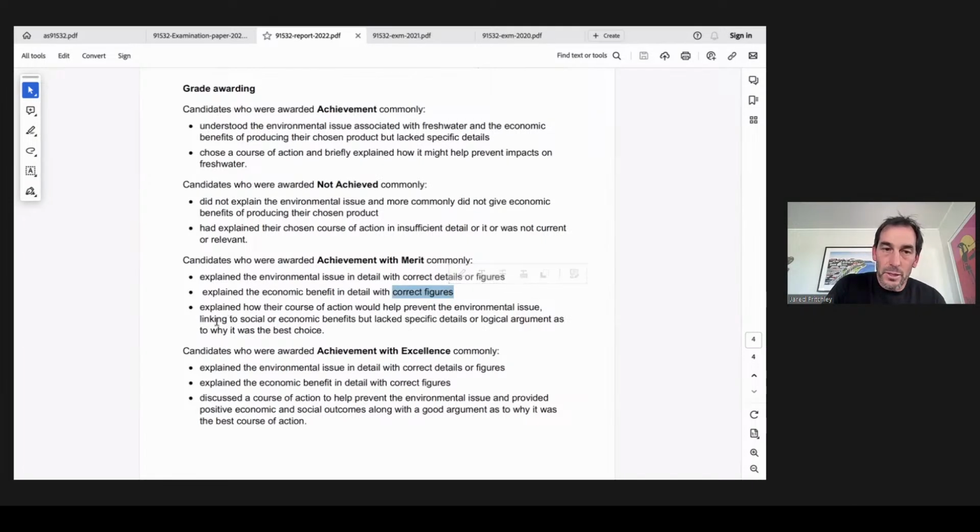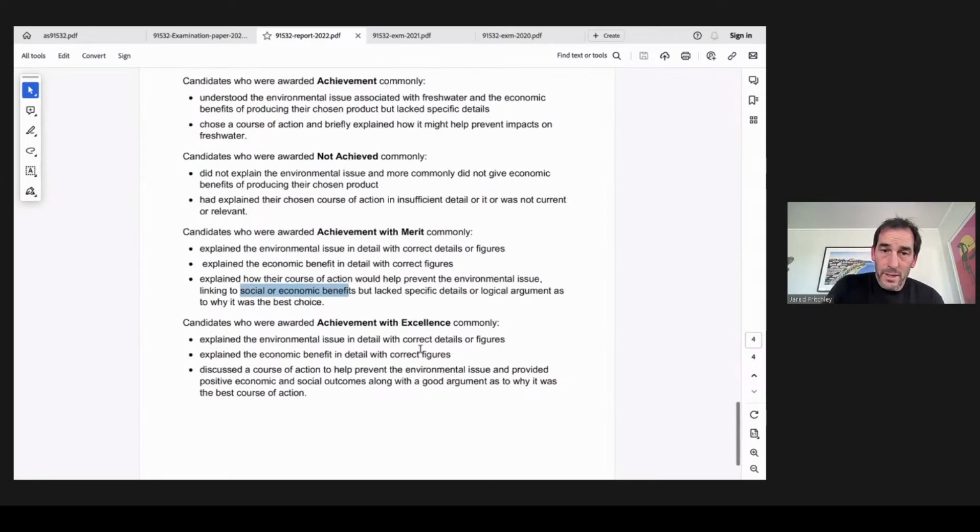And then, explaining how the course of action will help prevent the environmental issue, but also understanding not just that environmental issue, but again, they've touched on some social or some economic benefits. So again, they've realised a little wider than simply producing less gases. They're producing less gases, but they're also mindful of the impacts on the jobs, on the income for the individual, the region, the country.